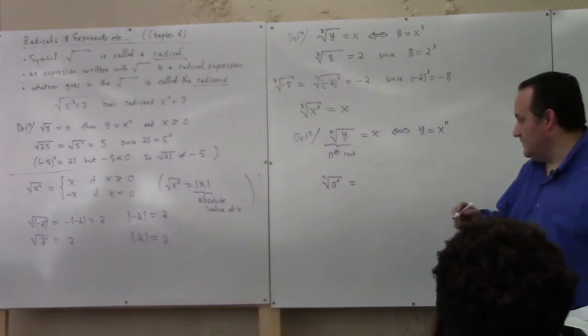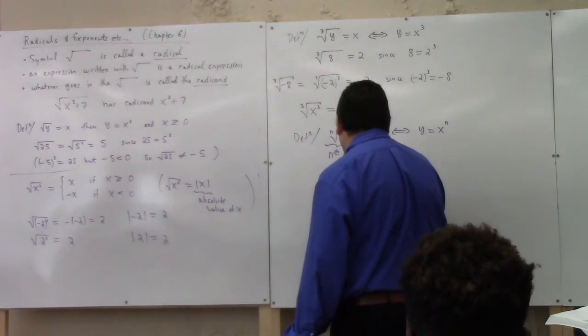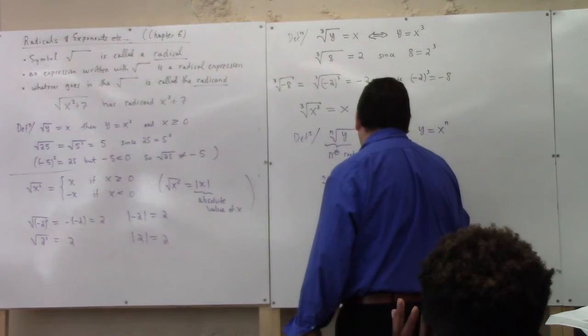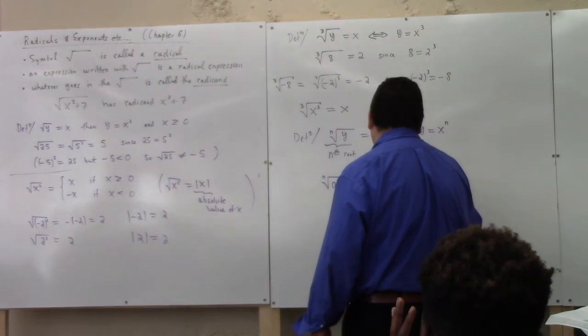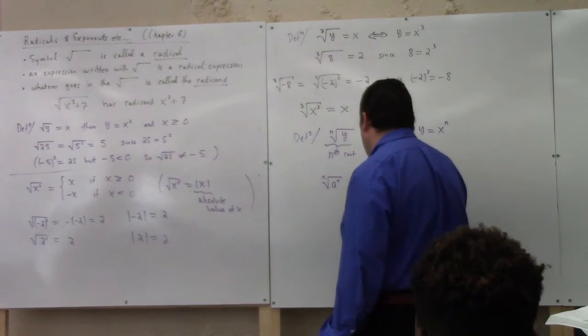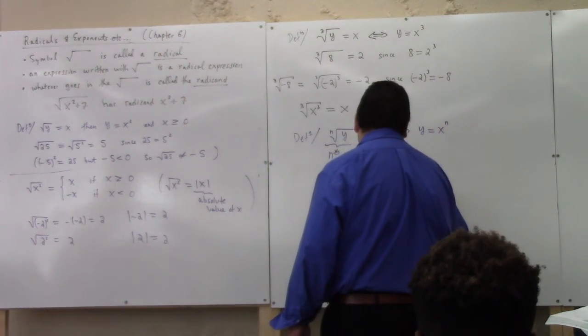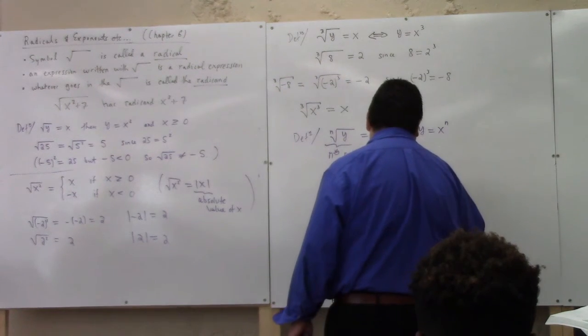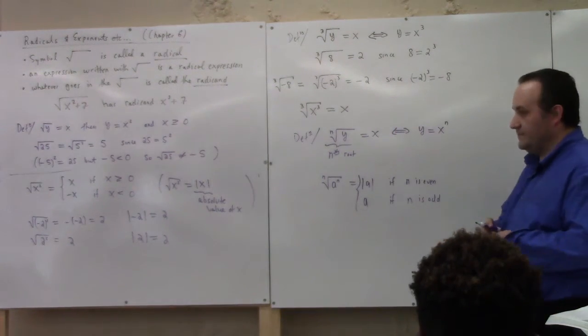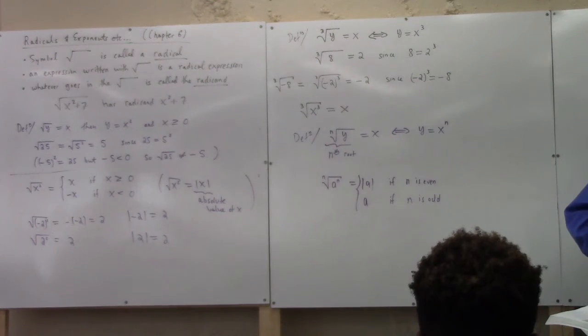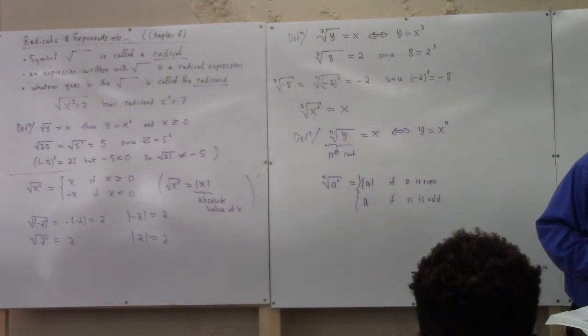You get the absolute value of a if n is even, and you get a if n is odd. So this is how the nth root of a to the n simplifies.